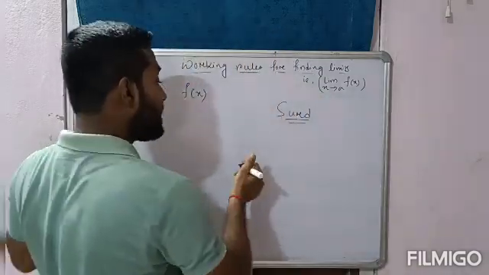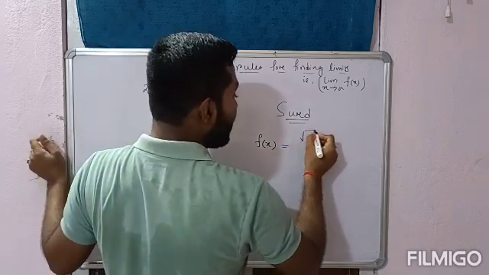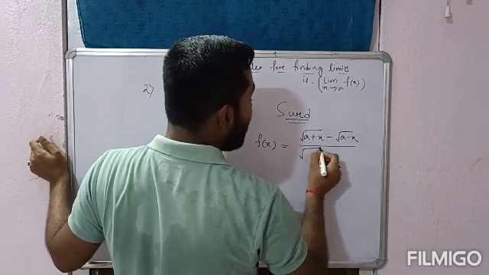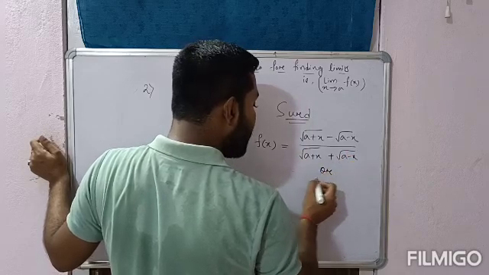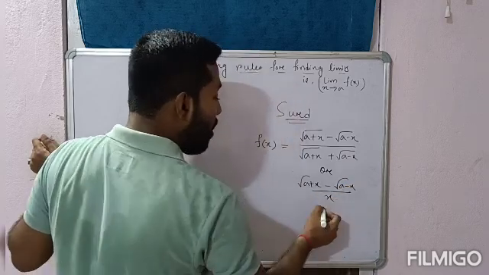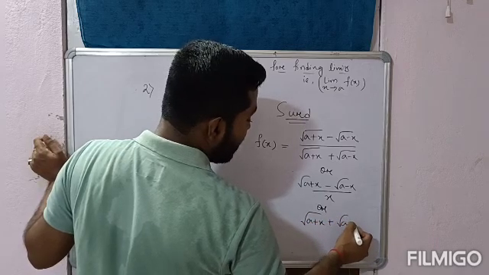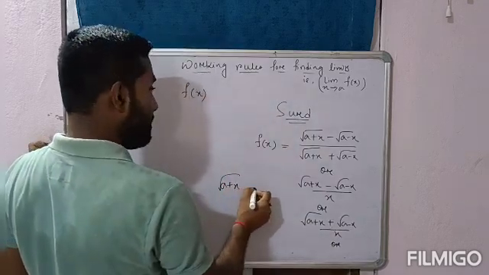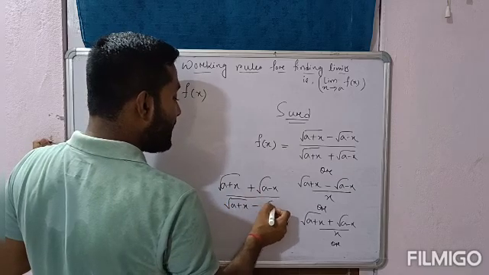So if the function contains a Sard means, look at here, the function must be in the form of like this: root over a plus x minus root over a minus x divided by root over a plus x plus root over a minus x, or root a plus x minus root a minus x by x, or root a plus x plus root a minus x by x, or root a plus x plus root a minus x divided by root a plus x minus root a minus x.